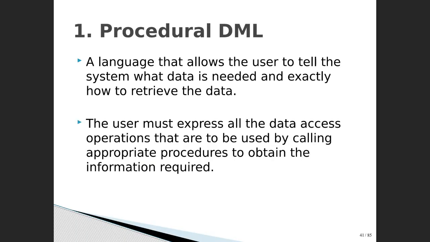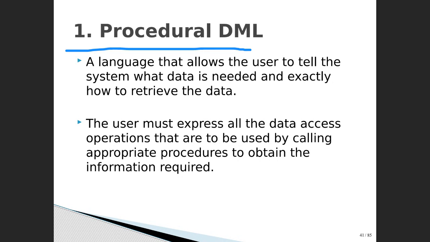I'm gonna give you more information so you can understand the meaning of these two types of DMLs. First is the procedural. As we said, it describes how the output will be obtained.